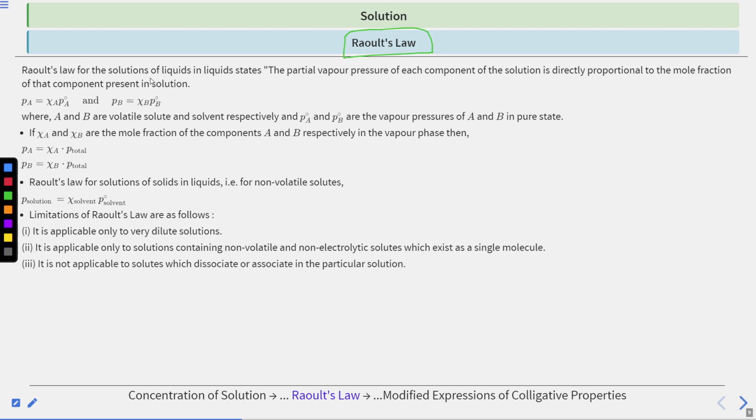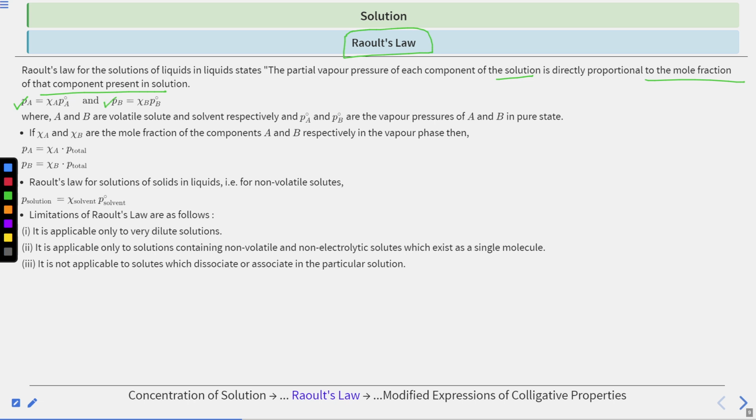So Raoult's law: for the solutions of liquids in liquid state, the partial vapor pressure of each component of solution is directly proportional to the mole fraction of that component present in the solution. In the formula, we can say that P of A component, that is pressure of A component, equals the multiple of mole fraction of A and the vapor pressure of A component, or pure vapor pressure.